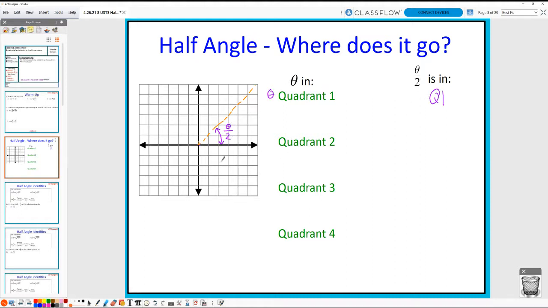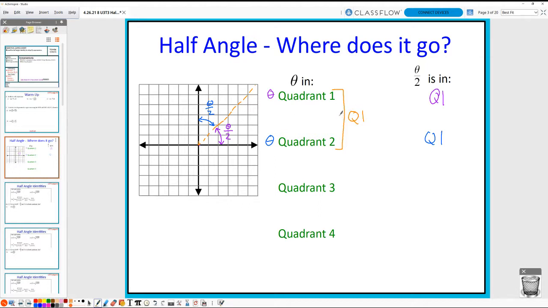Theta over 2 would still be in quadrant 1. But if my theta was in quadrant 2, I still end up in quadrant 1, at least my theta over 2, right? That's this range right here. So whether I'm in quadrant 1 or quadrant 2, they will both end up in quadrant 1.